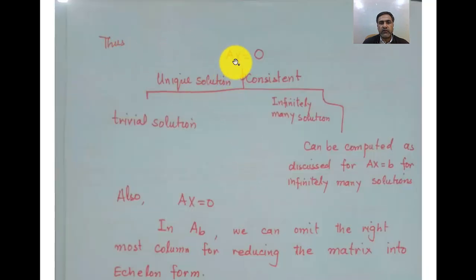So if I have a homogeneous system, the first thing is that homogeneous systems are always consistent. If they have a unique solution, then the unique solution for a homogeneous system is termed as the trivial solution. If this homogeneous system has infinitely many solutions, they can be computed as discussed for Ax equals b for infinitely many solutions.